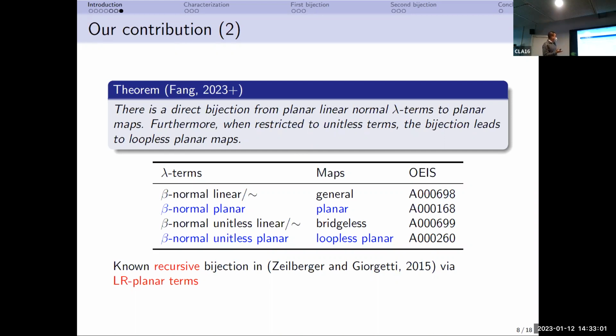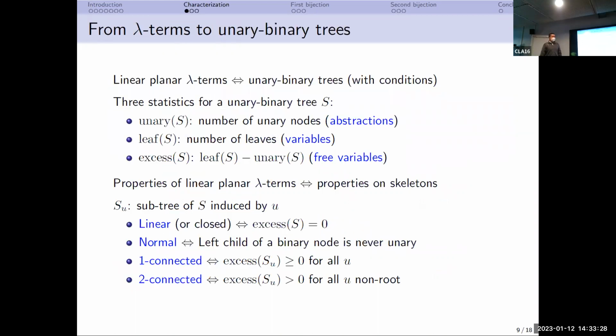And they work on a similar notion that is LR planar terms, which for combinatorialists is exactly the same because it's exactly the same unary binary tree. But there are some other issues in the proof theory for this term. But I don't know a lot about it, so I'm not going to talk about it. Okay, we are good. Now we go with the bijections.